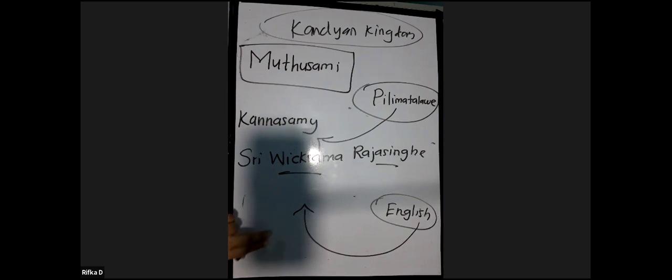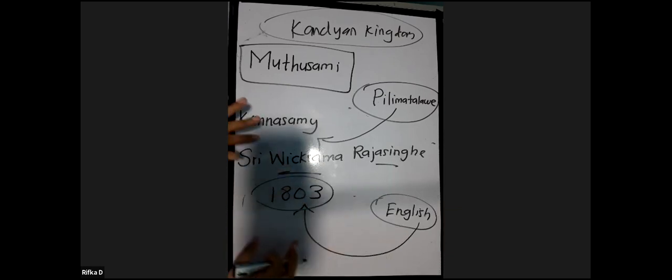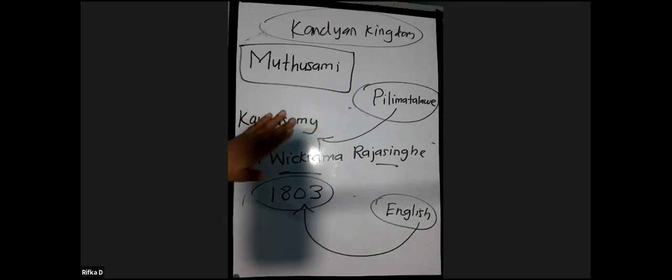So in 1803, the English invaded the Kandyan kingdom. Since the people and the king were not ready for the invasion, the king had to flee to a place called Hanguranketa.